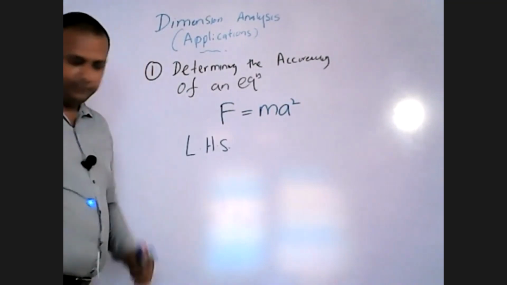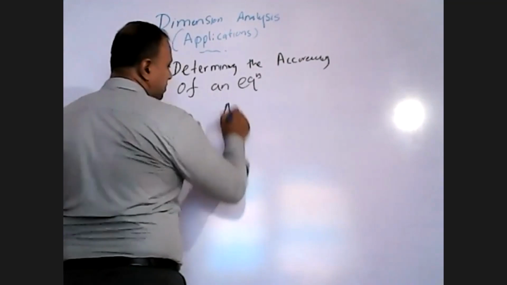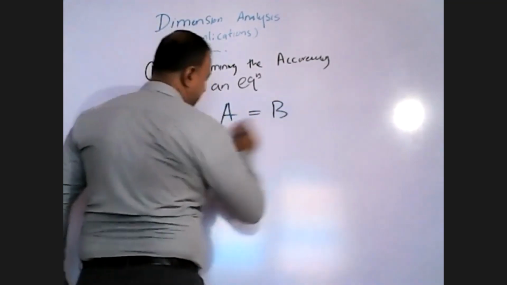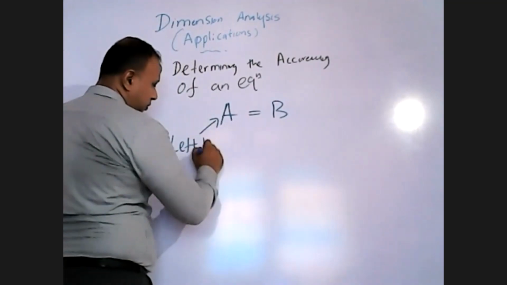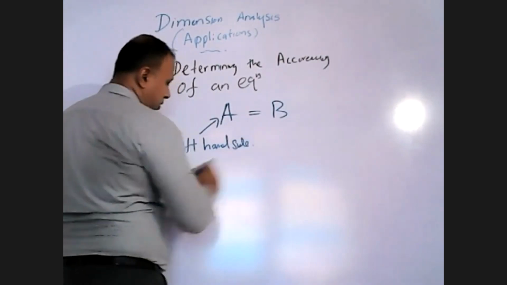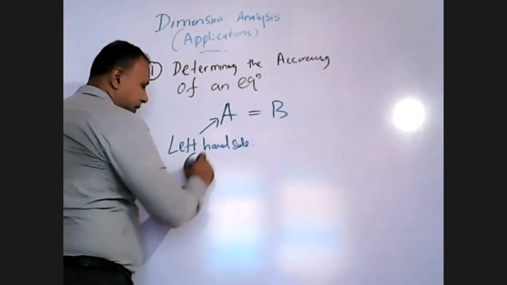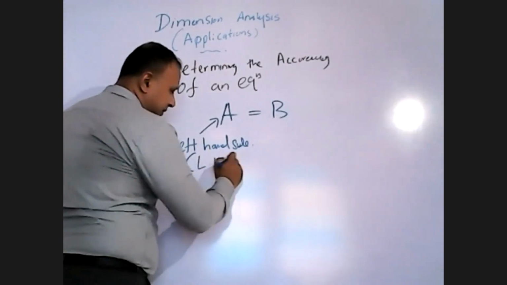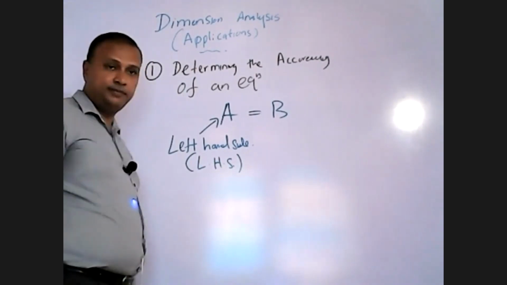So in an equation, there are two sides. What are those? Left hand side. Normally we use LHS to represent the left hand side.